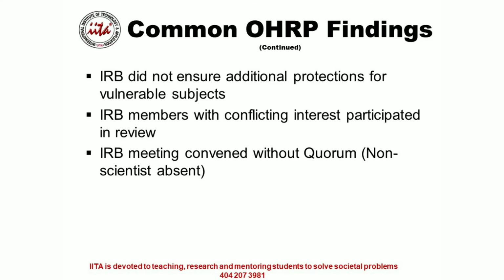Additional common OHRP findings. This may include an IRB that did not ensure additional protections for vulnerable subjects, or IRB members with conflicting interests participated in the review. IRB meeting convened without a quorum. That is, maybe a non-scientist was absent.